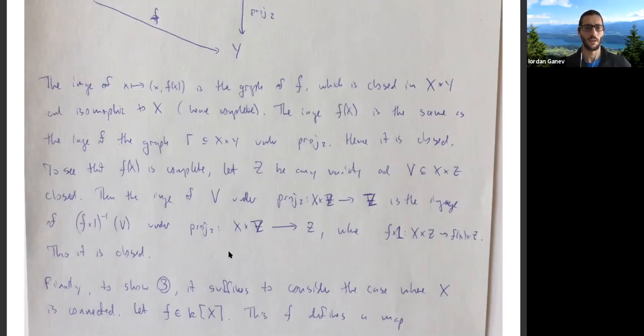So in these two instances, we have to replace x by f of x, and then I think it's correct. We use the fact that the pullback of any closed set under a morphism of algebraic varieties is again a closed set.